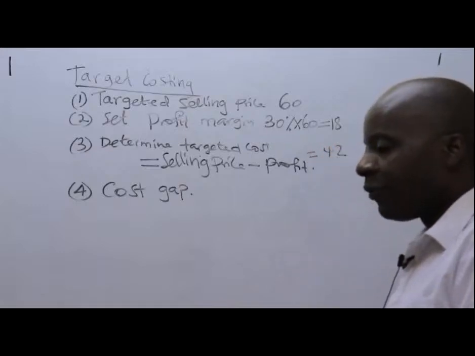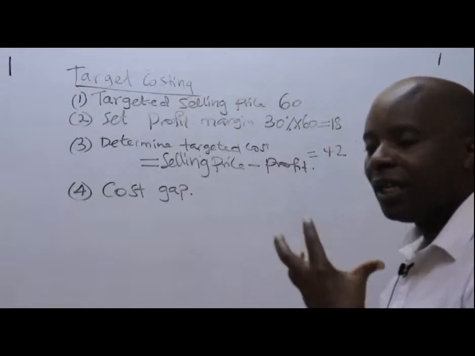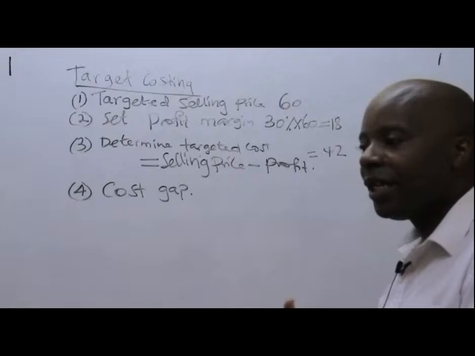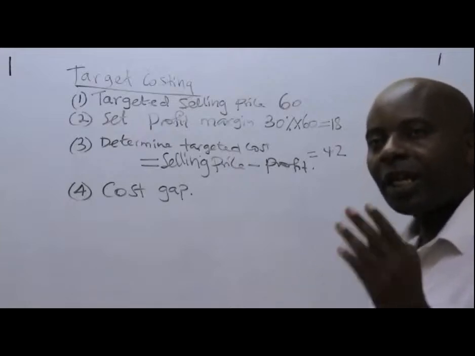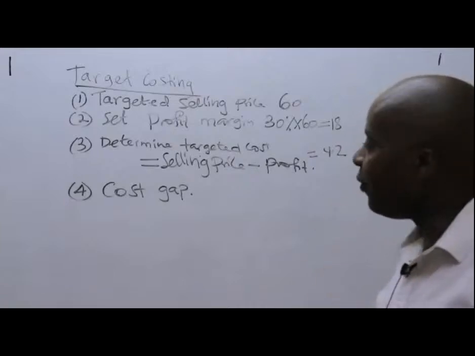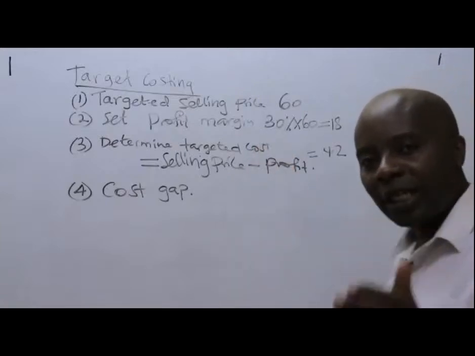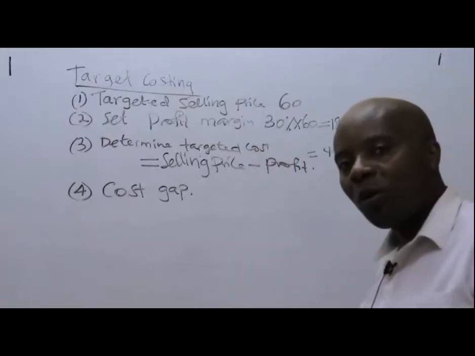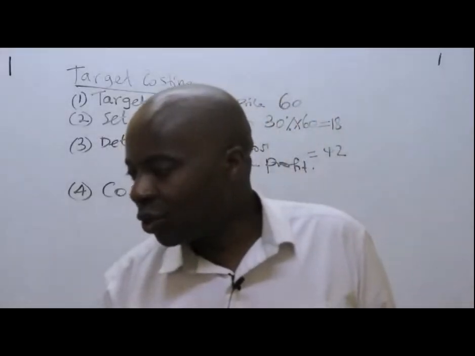Now, ladies and gentlemen, from there, I will come and ask myself, do I have any gap? My gap here will be the difference between the projected or rather actual cost vis-a-vis our targeted cost. So I would want to get my projected actual manufacturing cost, and this examiner really has given us the actual manufacturing cost.